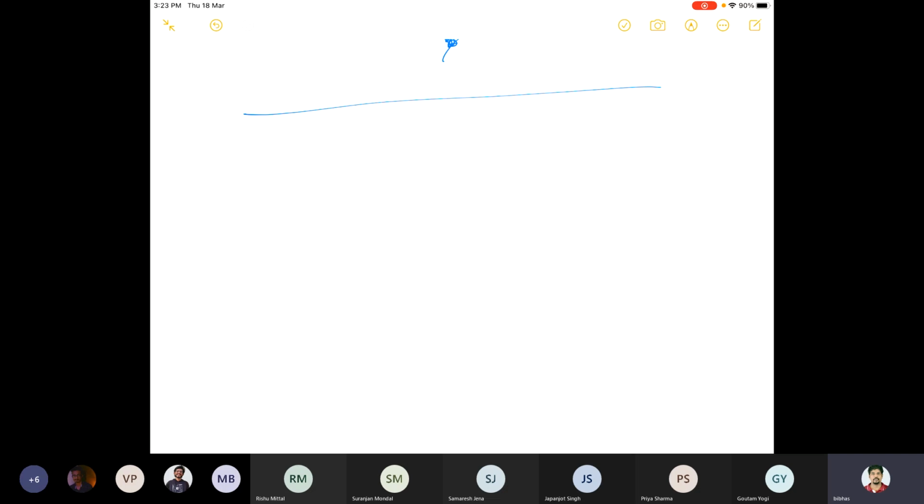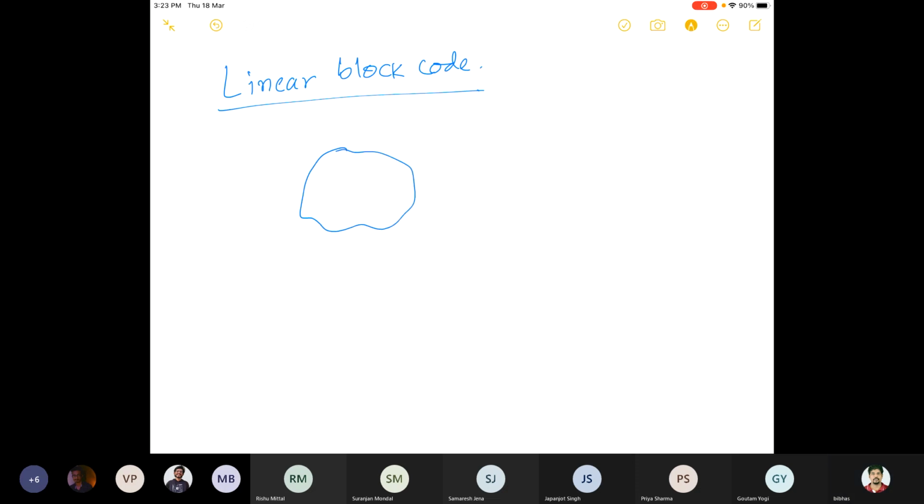Okay, so we started talking about what is called a linear block code, just linear code. And here the idea is we have 0, 1 to the power k. So there are 2 to the power k elements here, and this forms a vector space. This is what we said. So let's say x1, x2, up to xk, where xi belongs to 0, 1. So this is the set of all binary strings of length k.